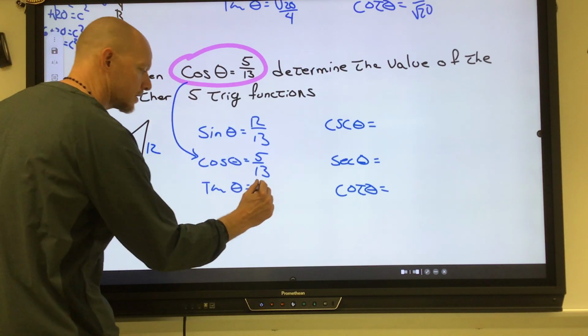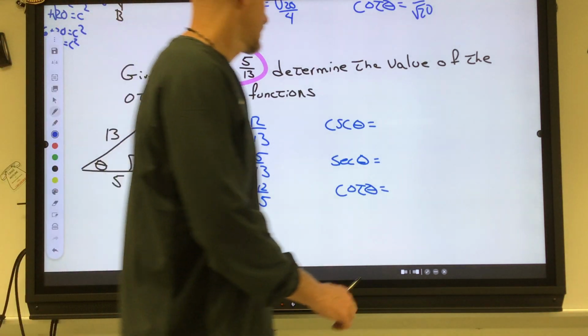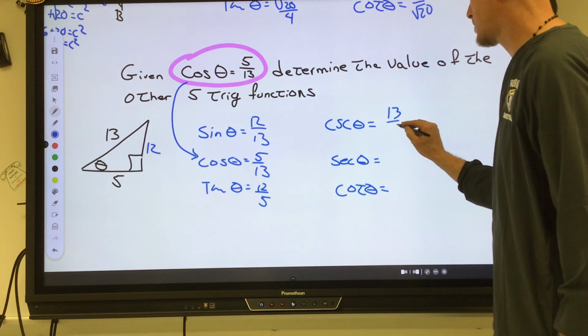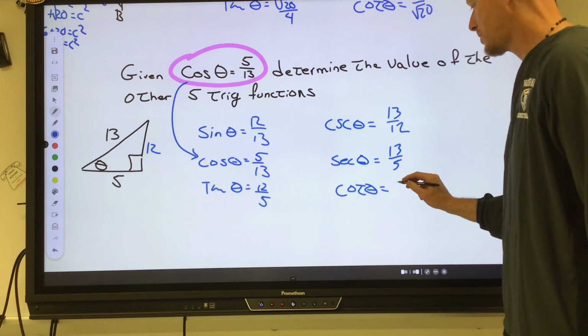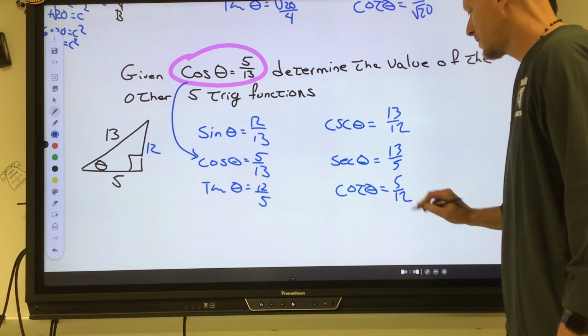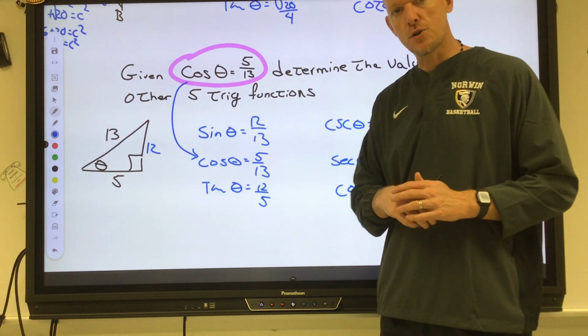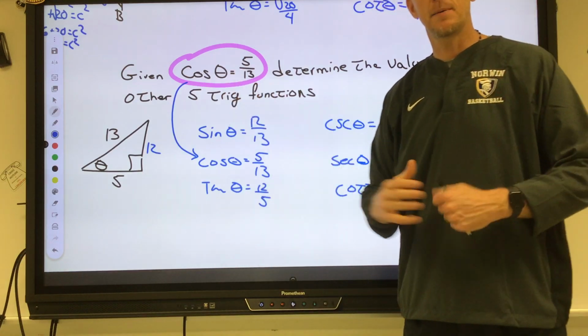And tangent is opposite over adjacent. From here, I can write all the reciprocals. Cosecant is 13 over 12. Secant is 13 over 5. Cotangent is 5 over 12. So if they give you a triangle, use the triangle. If they give you a trig function, create a triangle to be able to come up with your sides.